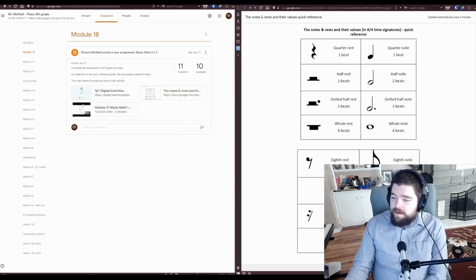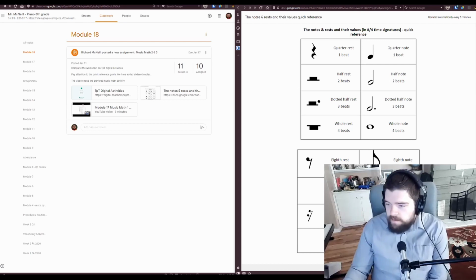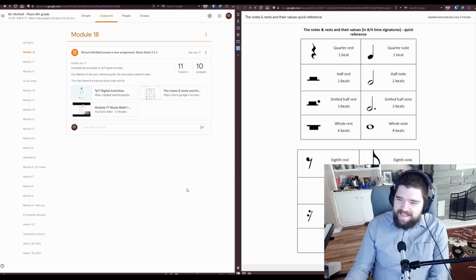Now the 16th notes, each one is a quarter of a beat, so there are 4 of them every beat. If this is the beat again, okay, and they come a lot faster.